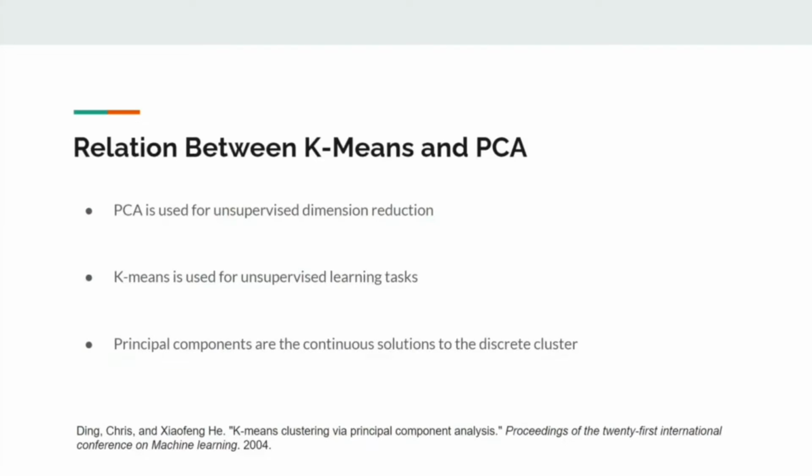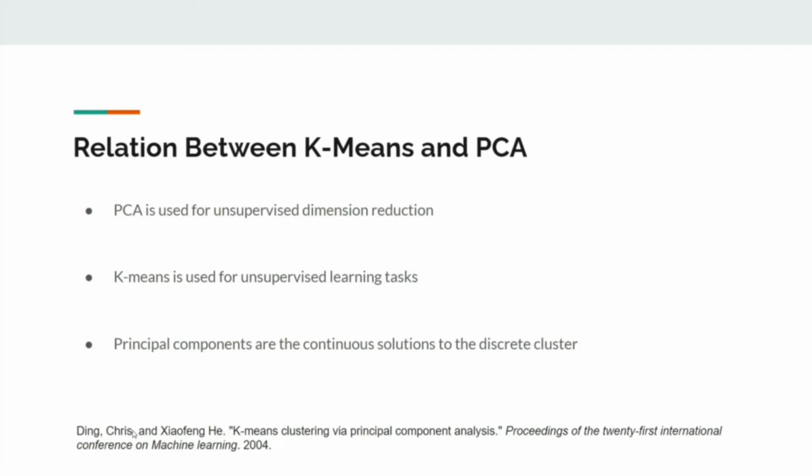Principal component analysis (PCA) is a widely used statistical technique for unsupervised dimension reduction, and K-means clustering is a commonly used data clustering method for unsupervised learning tasks. To find the relation between K-means and PCA, the paper proved that the principal components are the continuous solutions to the discrete cluster membership indicators for K-means clustering.